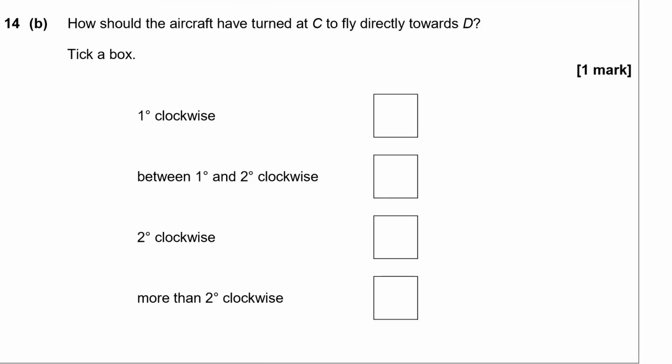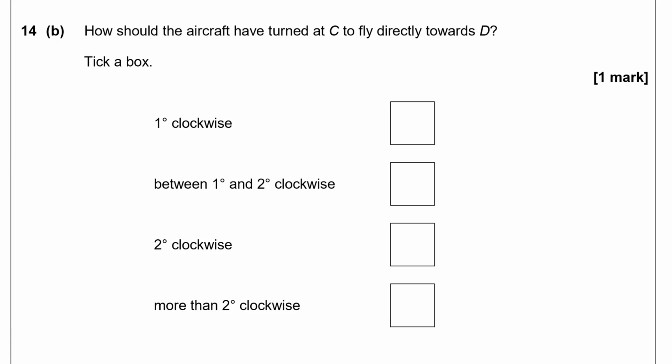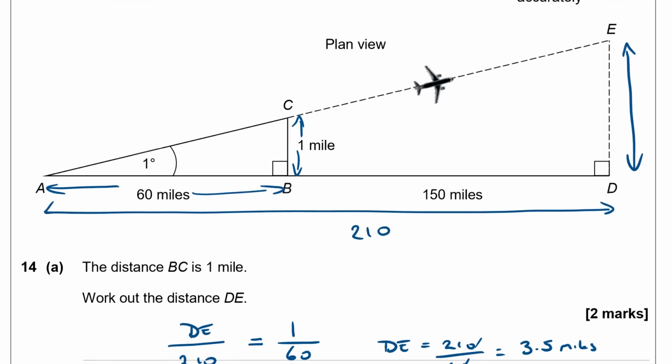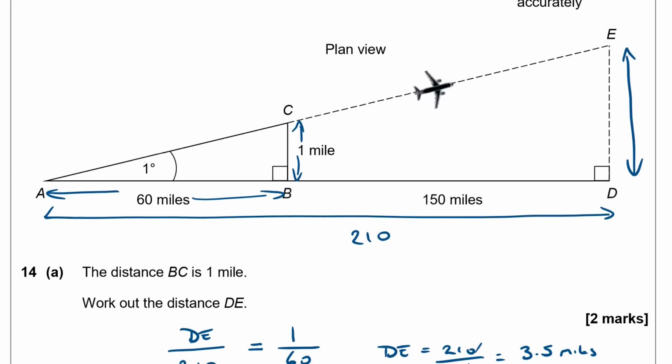So the next part of the question says, how should the aircraft have turned at C to fly directly towards D? So coming back to our diagram, basically at the point C, it should have corrected its course and gone off in that direction there.